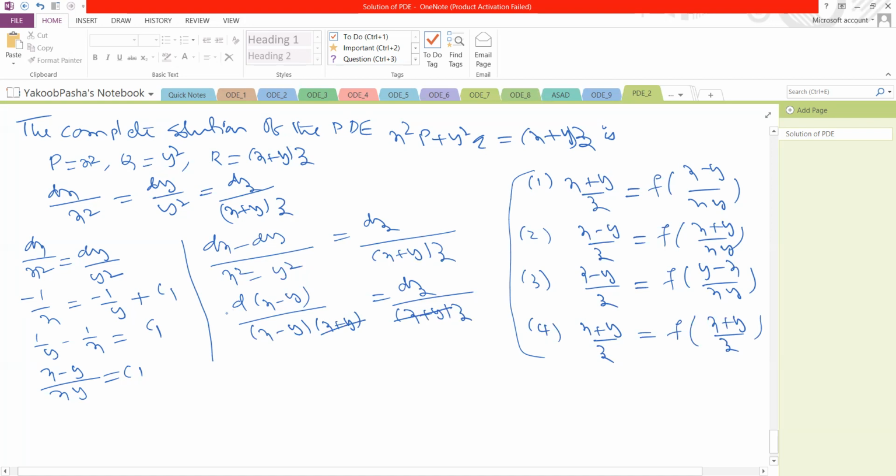So it is in the form of dx by x, integration log x. So log of x minus y is equal to log z plus some arbitrary constant log c2. So this is nothing but x minus y is equal to c2 z, x minus y divided by z is equal to c2. This is the second term. Okay, so which option is the right option?